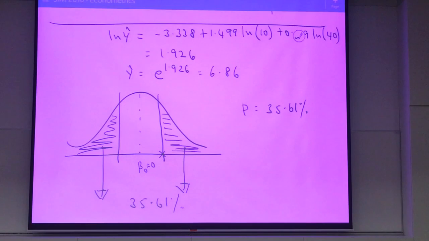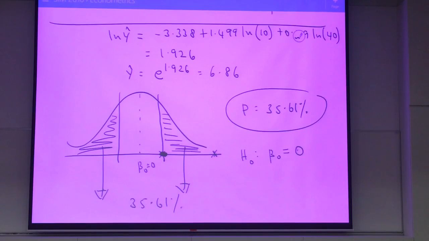When will you reject the null hypothesis? You will reject the null hypothesis only if this test statistic is somewhere over here, which is beyond the 5% coverage of the area. But here, the p-value being more than 5% means that you cannot reject the null hypothesis, which is beta 0 is equal to 0.